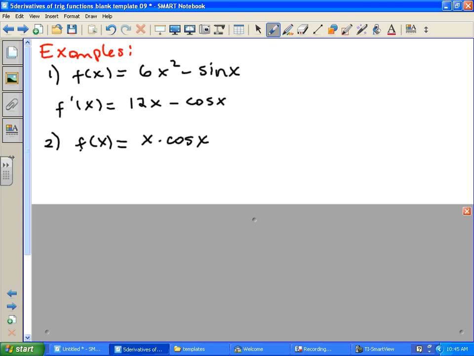So that's what we're going to do here. f prime of x equals the derivative of the first, which is 1, times the second, plus the first expression times the derivative of the second, which is negative sine x.